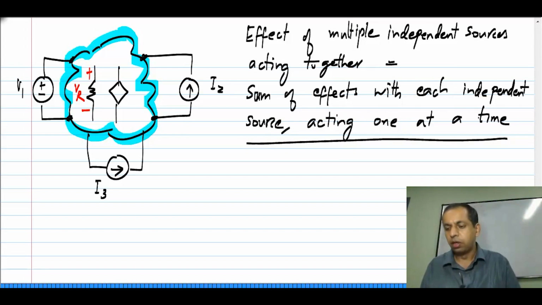We will elaborate on what this means. In this particular circuit, there are 3 independent sources. What this is saying is, this VR, the voltage across the resistor, due to the 3 independent sources, can be calculated by taking one independent source at a time, calculating the value of VR for each case and summing the values together. So, that is all that is there to it. That is what superposition is.